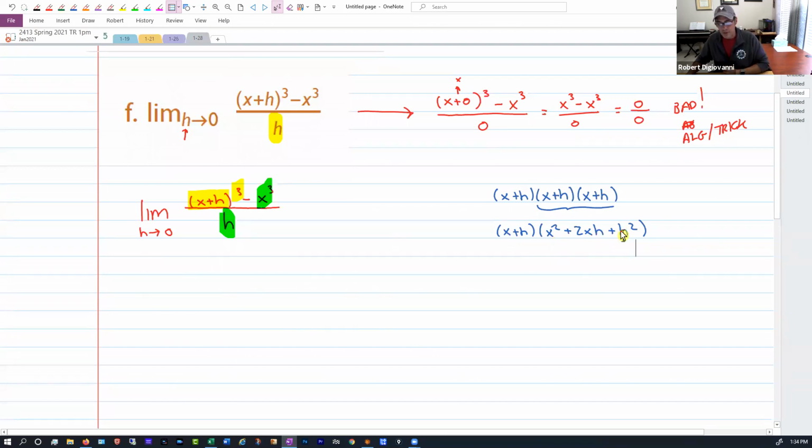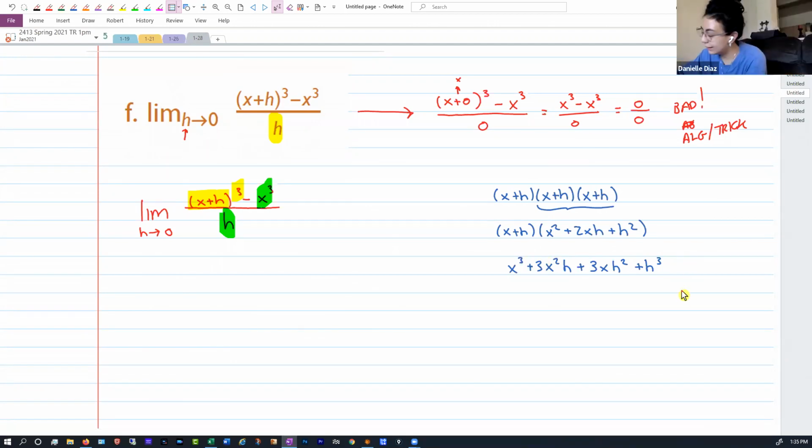And then I'm going to distribute the x through and then the h through. And when I'm done with that, I'm going to get this. So I'm skipping some steps here, but I hope that you know you could do this if I gave you enough time. You could expand this all out and get this, okay? Is that all right for me to do that? Just let you have that on your own?